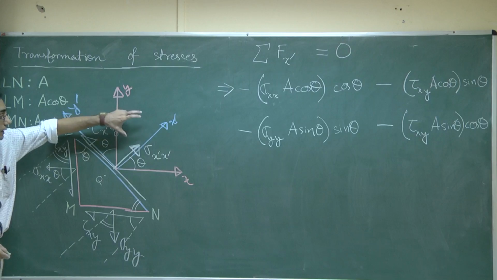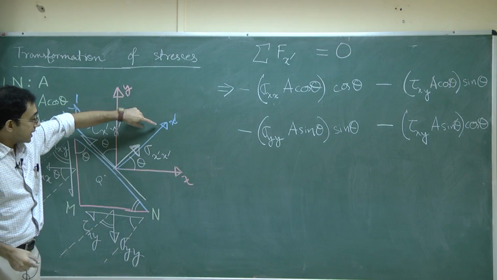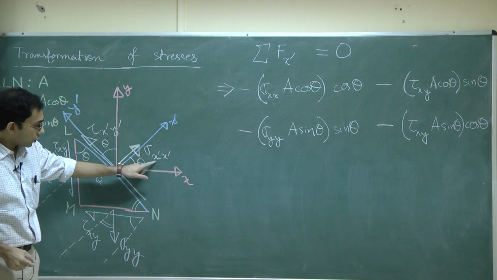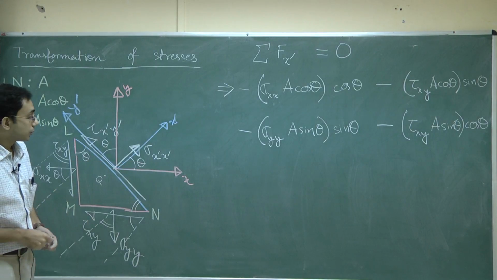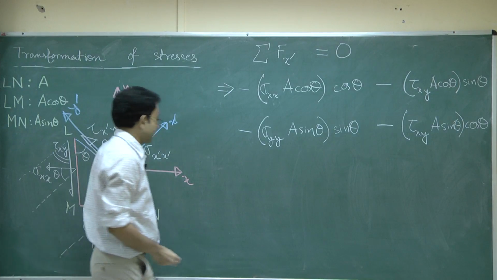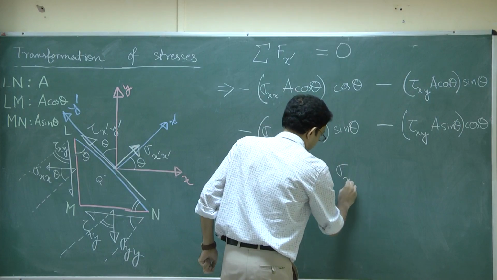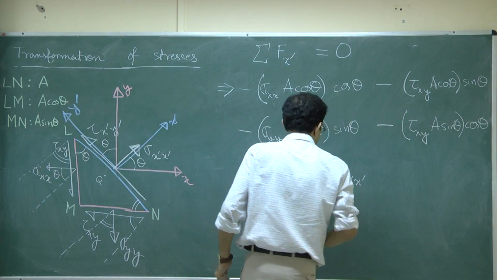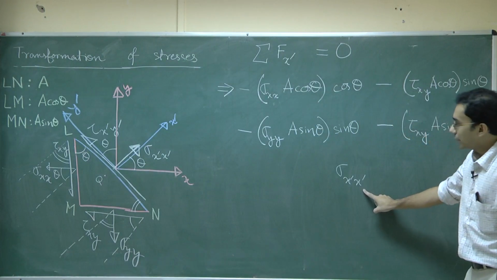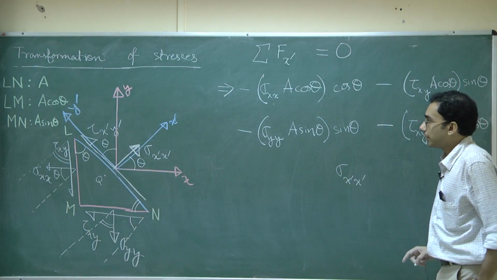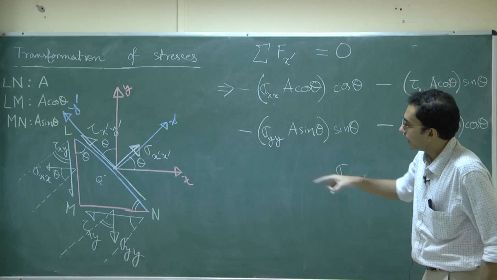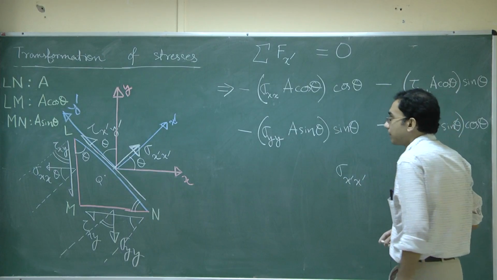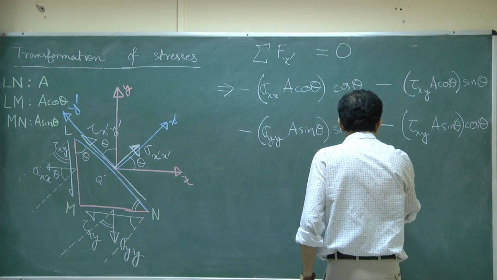So when we are considering along the x dash direction, surely it is the force from this normal stress component which is going to be the relevant one. So sigma x dash is the relevant stress component that has to be multiplied by the proper area. We are considering the face represented by the edge Ln, that has the area A.